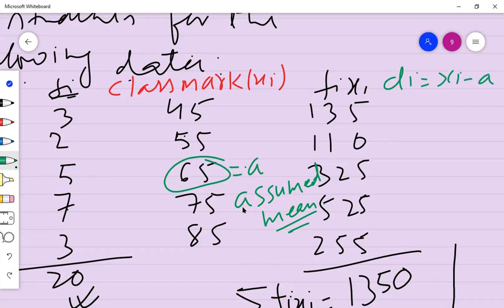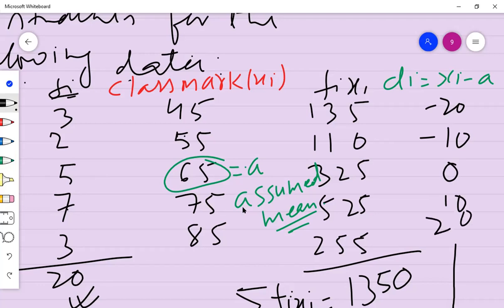Got it? So 45 minus 65 is what? Negative 20. Here it is negative 10, then 65 minus 65 is 0, 75 minus 65 is 10, and here it is 20.